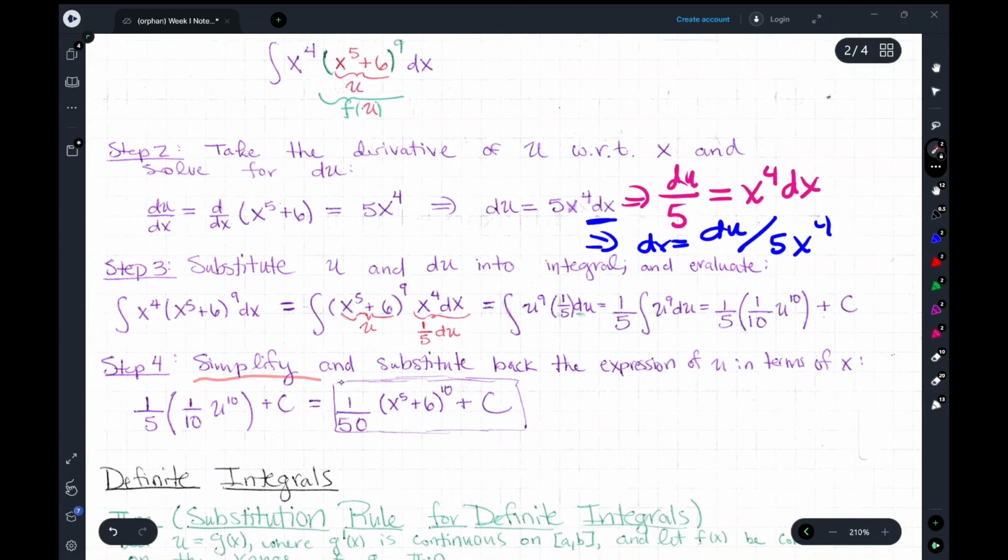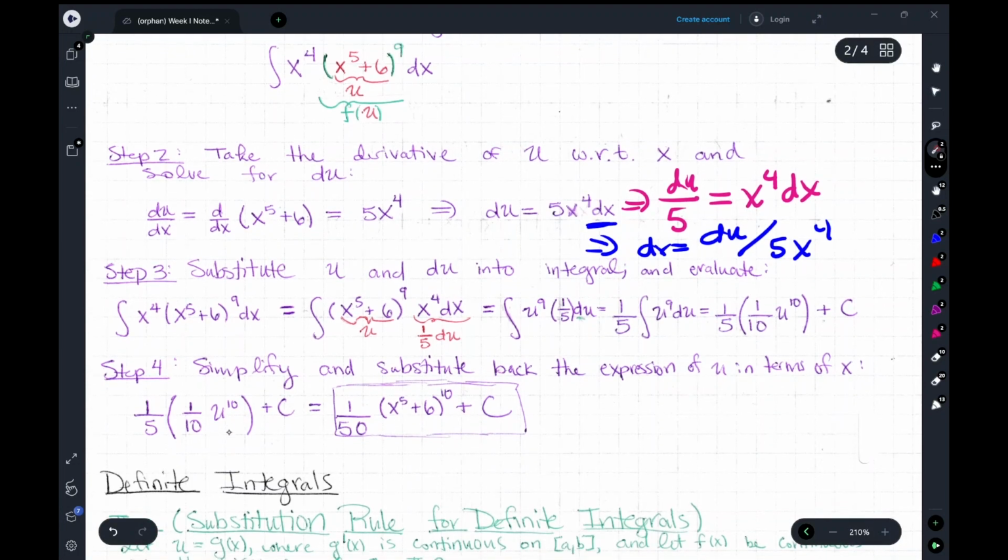And then during the final step, we'll substitute back the expression of x. Okay, so we have an expression for u in terms of x. We substitute that back, and so we'll get (x to the 5th plus 6) raised to the power of 10, divided by 50. So this is the final answer. We substituted back to x, and we got our final answer.